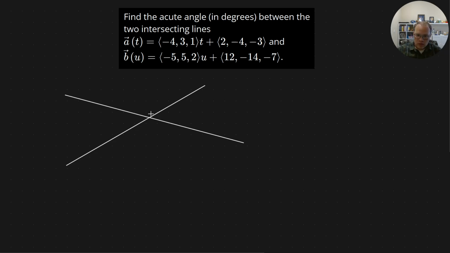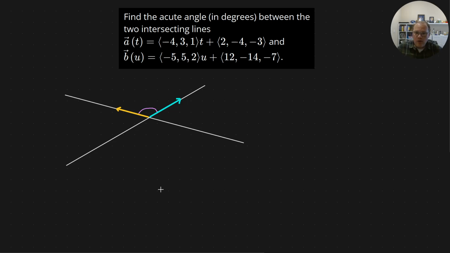If we imagine those direction vectors being placed at the point of intersection, then instead of finding the angle between the two lines, we could find the angle between the two direction vectors. And that will also be the angle between the two lines.